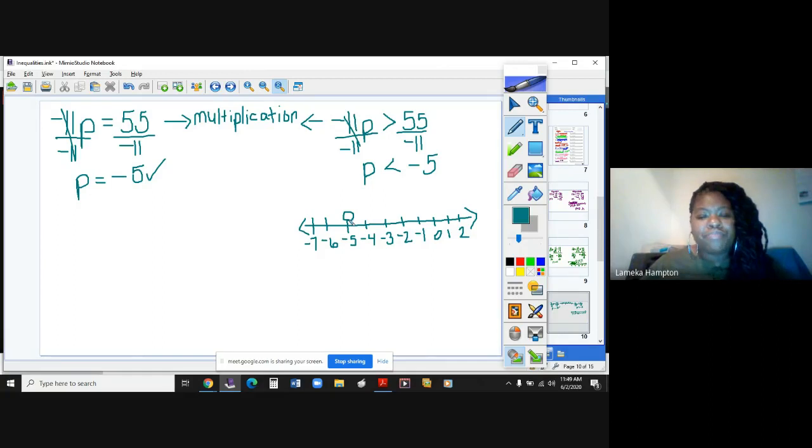Now, I am going to pick a number. I'll pick 0. I know that 0 is not less than -5. Because remember, all positive numbers are greater than negative numbers. So this is not a true statement.